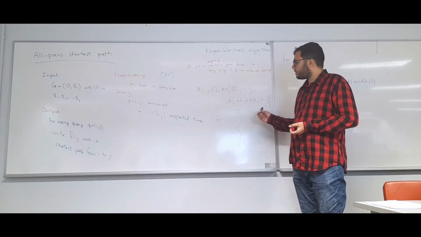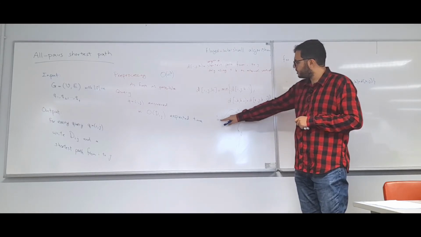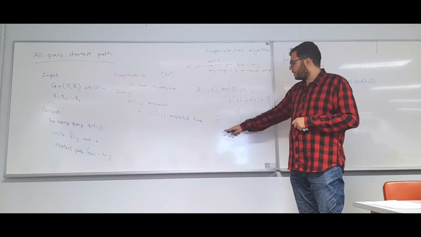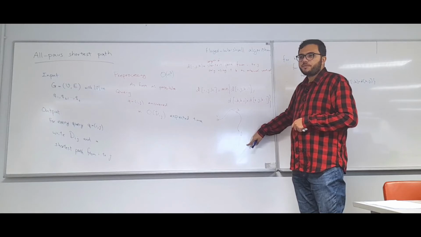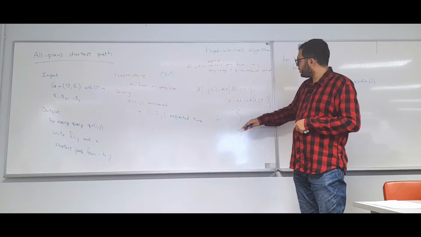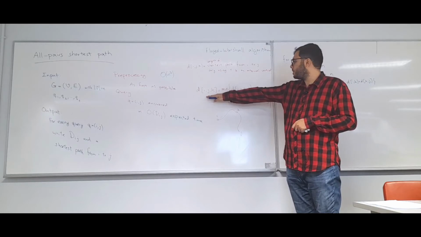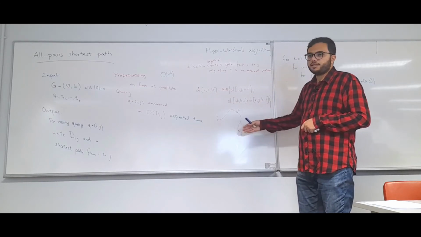And I have to keep track of what was the last vertex that I used as an internal vertex between i and j. And then I know that I have to go from i to that vertex and then from that vertex to j. So if I just keep track of which values of k actually updated my value here, gave me this minimum, then I can easily find the path itself as well.